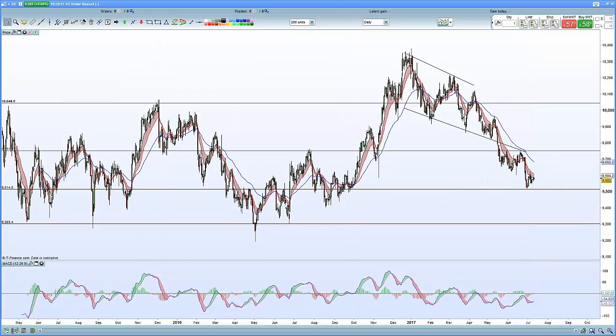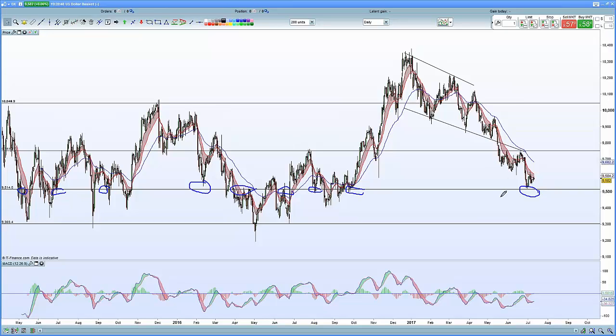If you look at the support and resistance levels, you can tell that this level is quite key here. You've got support here, resistance here, support here, resistance here, support here, and a potential support here. So 9500, quite a key level.